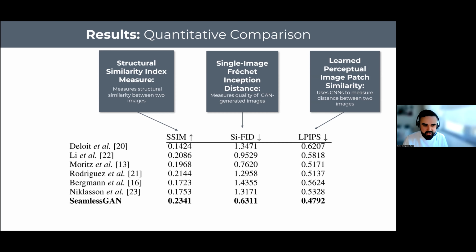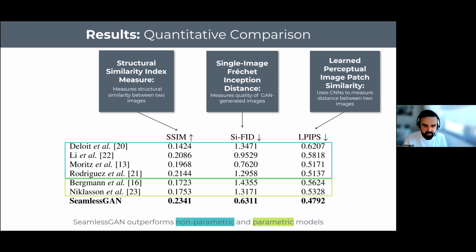So what we see is that for both non-parametric and parametric algorithms, SeamlessGAN produces the best results, in some cases by large margin. So this is a kind of quantitative way of evaluating methods.